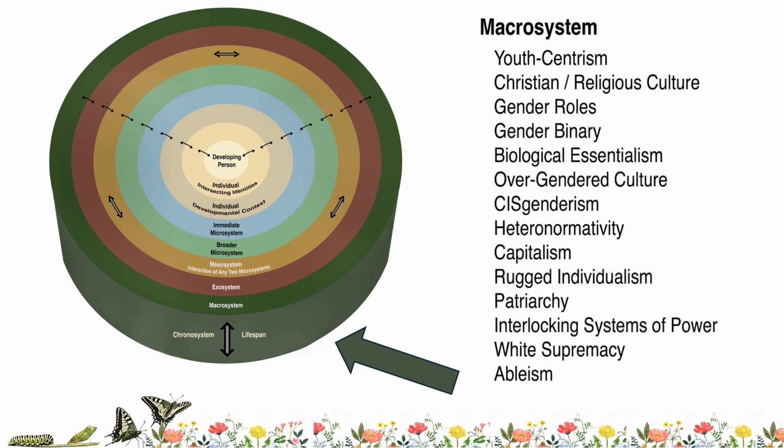All right, also acknowledging that development is lifelong is represented on the model next to the chronosystem there, the word lifespan with the arrow. The lifespan developmental psychology theoretical perspective is complex in its own right. I'm not going to go over it in full detail here.